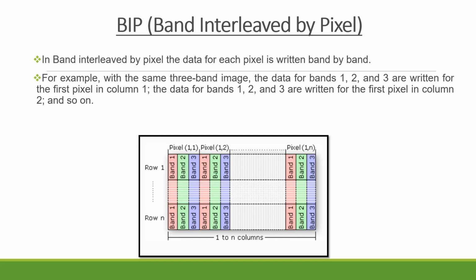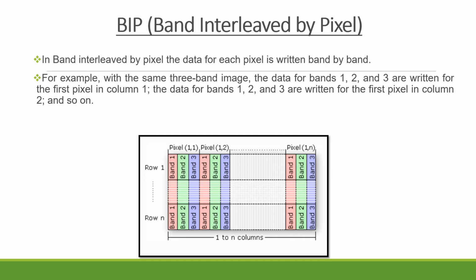In band interleaved by pixel format, what do we do? First of all, we save the first pixel of the first line of the first band. Suppose our first band in the multiband image is red, then we save the data for the first pixel of the first line of the red band.